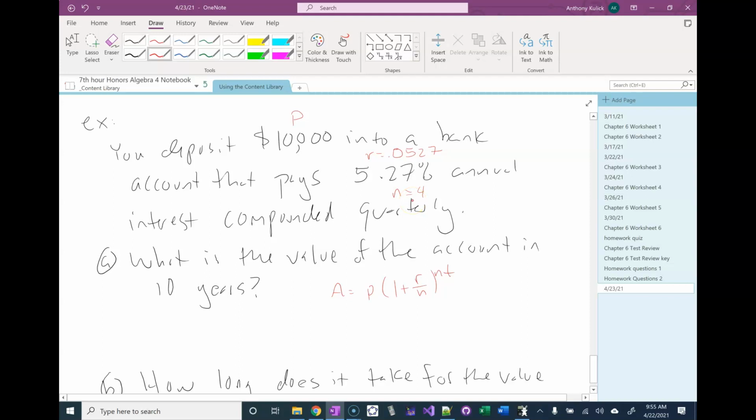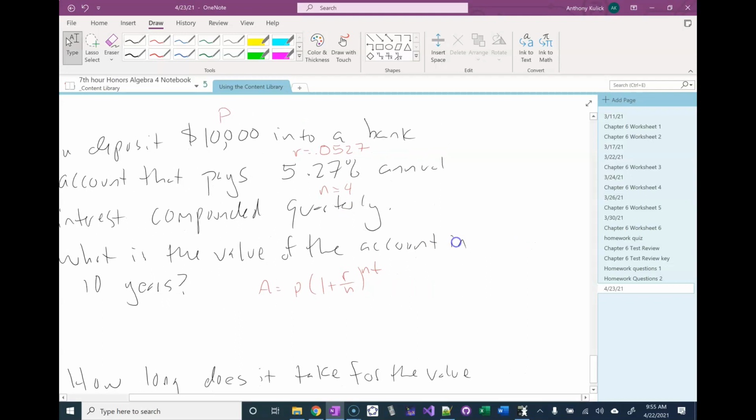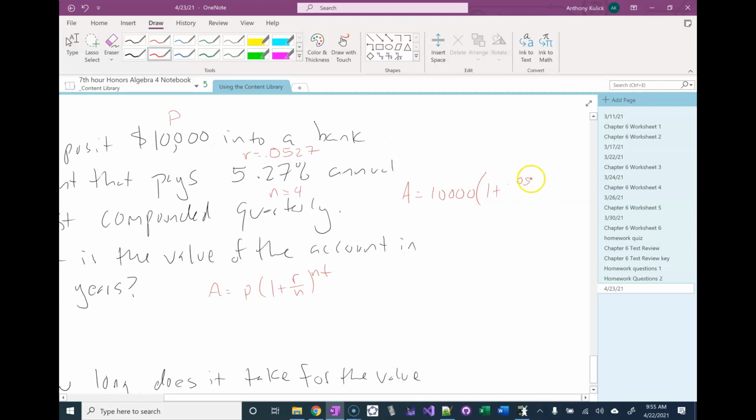So for this problem, in general our model would look like this. And for this specific instance, where the t is 10, oops, I meant 4t up here, we would do that.